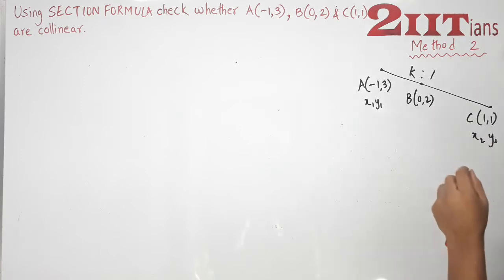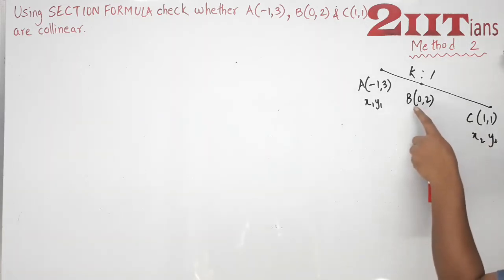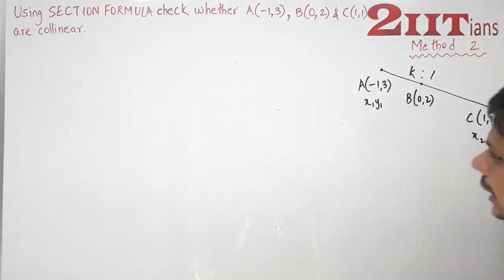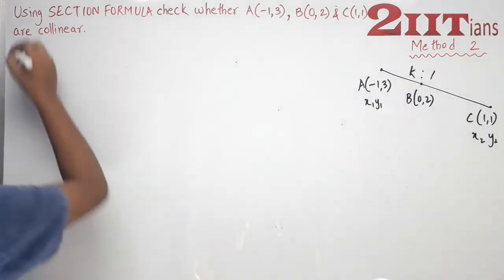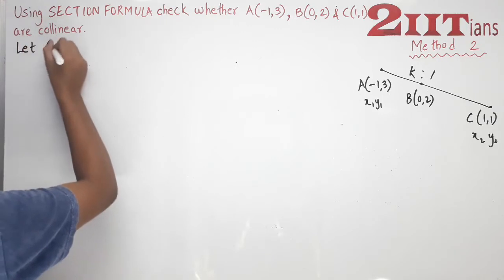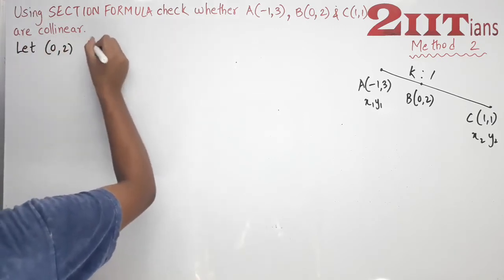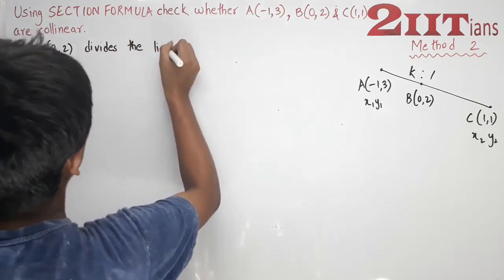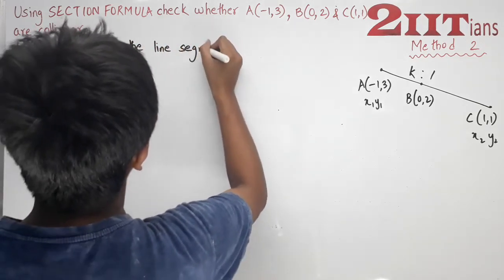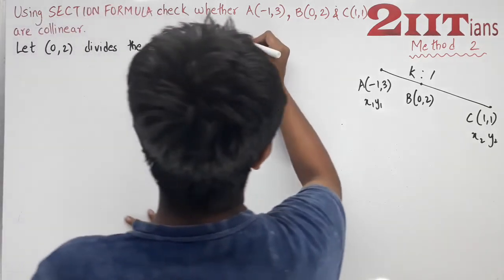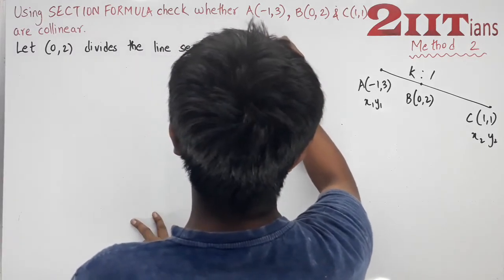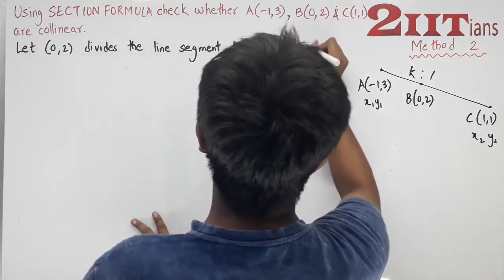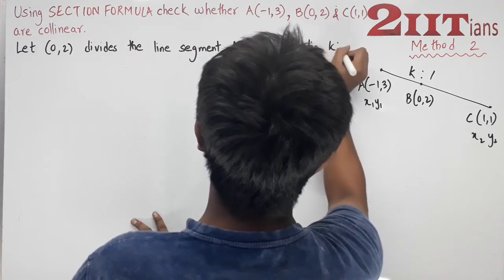So what we will do is calculate the same value of K for both these X and Y coordinates. Okay. So we will write, let 0, 2 divide the line segment AC in the ratio K is to 1.